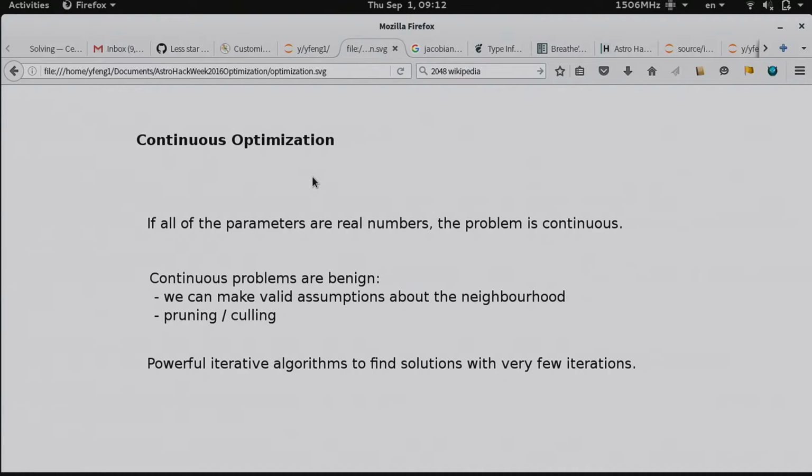And with this information, we can prune the region, the domain, or in other words in computer science, we call it culling. So remove the regions that are obviously wrong. So we can shrink and shrink all the way to the minimum. Based on this idea, people developed very powerful iterative algorithms to find solutions with very, very few iterations. If you think about the domain, it's really huge, but in 10, 20 steps, we are already very close to the minimum.